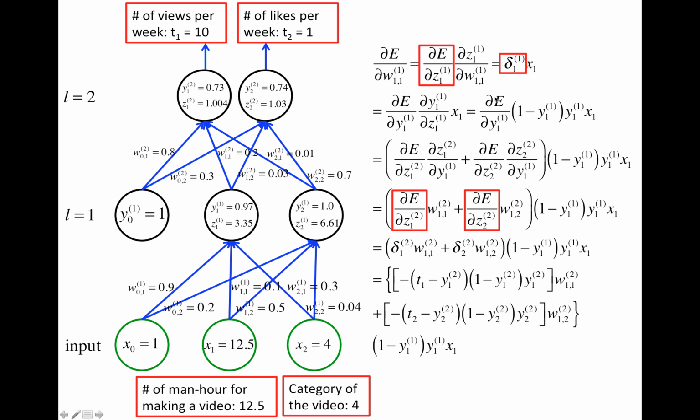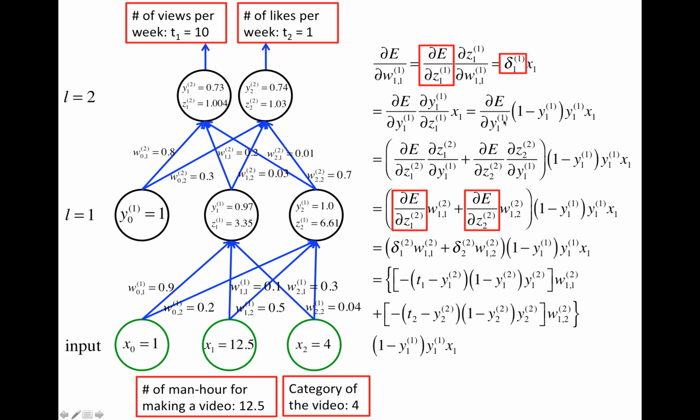And then partial E, partial Y11, is what? We have to evaluate the derivative of the error with respect to the output of this particular neuron. The output of this particular neuron actually goes into two logits. Right? So it goes into Z21 and also goes into Z22.